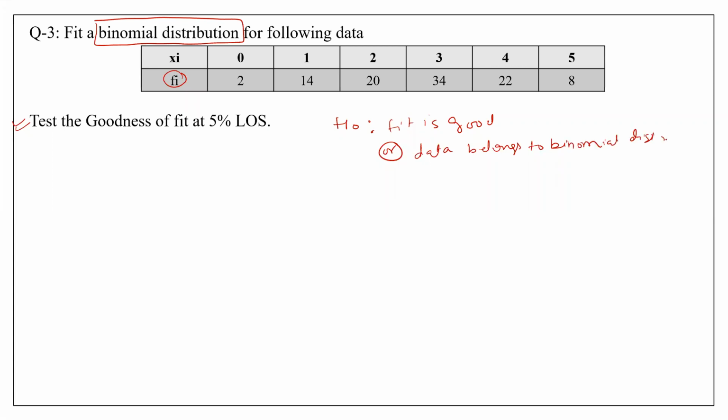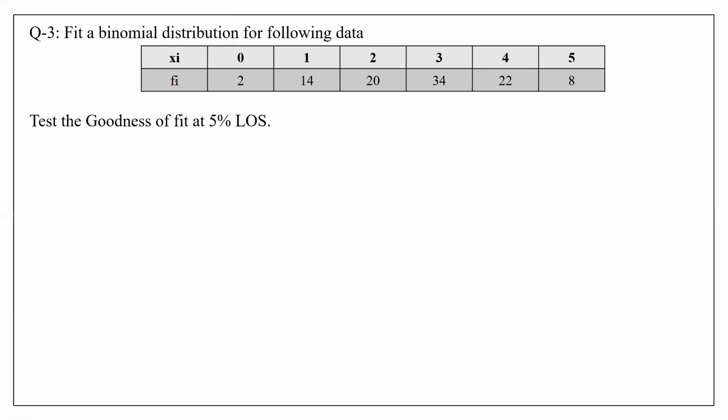This is what we have seen in the introduction. So the data belongs to binomial distribution, or we can say the fit is good, because the distribution is mentioned over there. So to do that, I need Fi values, which are already there.